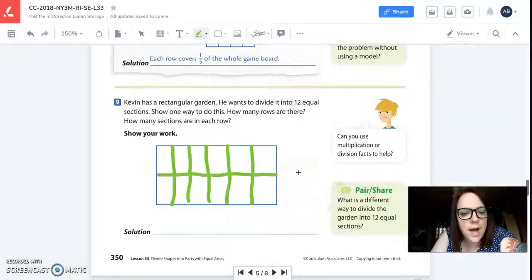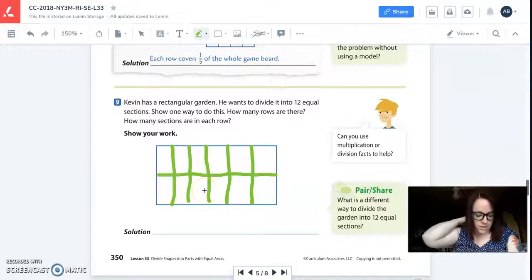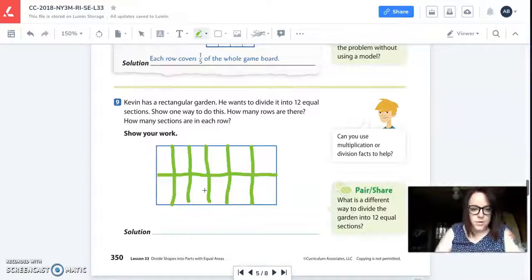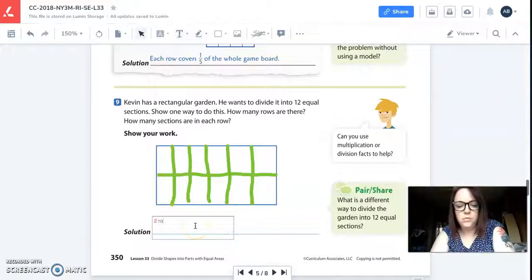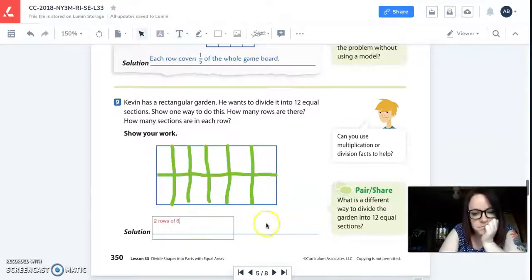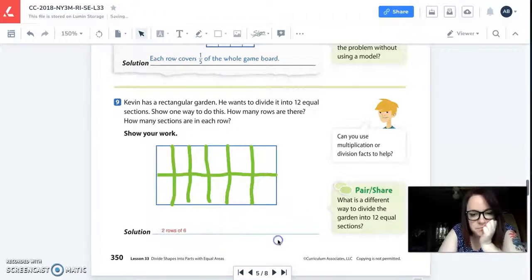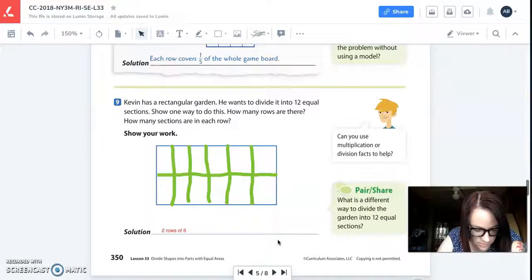And then, okay, how many sections are in each row? So let's look. 1, 2, 3, 4, 5, 6 in each row. And there are 2 rows. So we know that we have 2 rows of 6. And I'm just going to make sure. Okay, yeah.